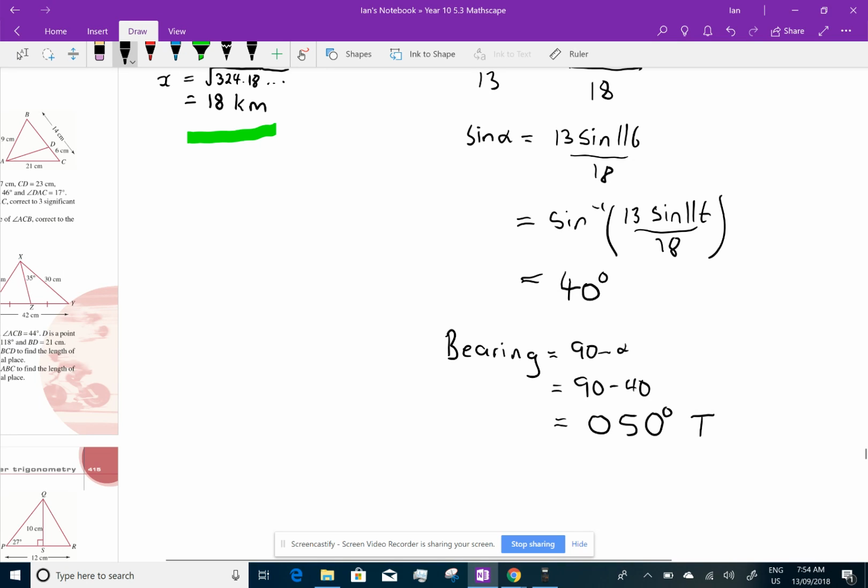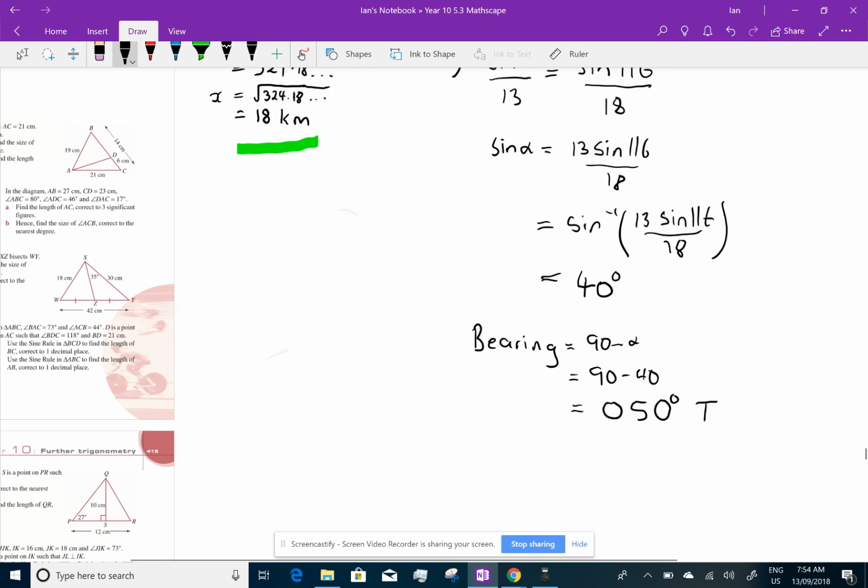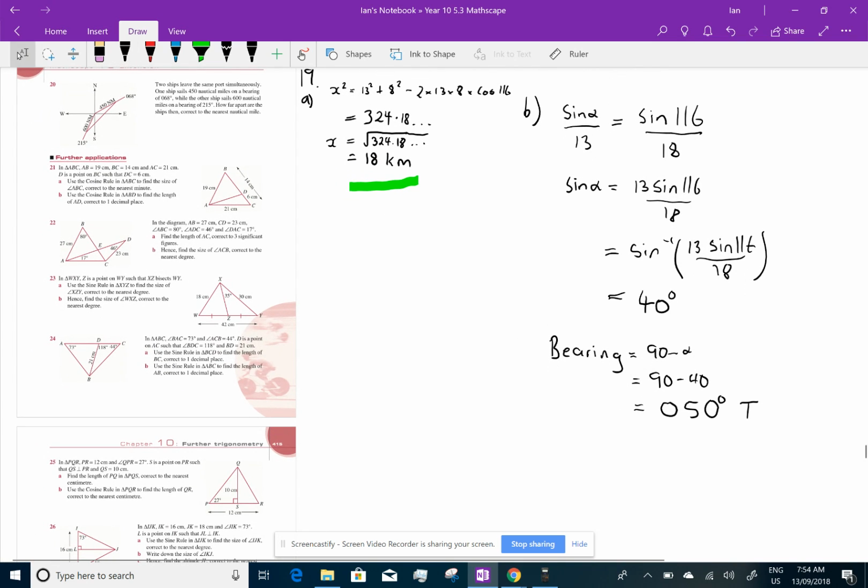You can put the T for true because it's a true bearing. Okay. Now you could have used the cos rule. Hopefully you would have got the same answer. It may have been a little bit different in its decimal allocation.